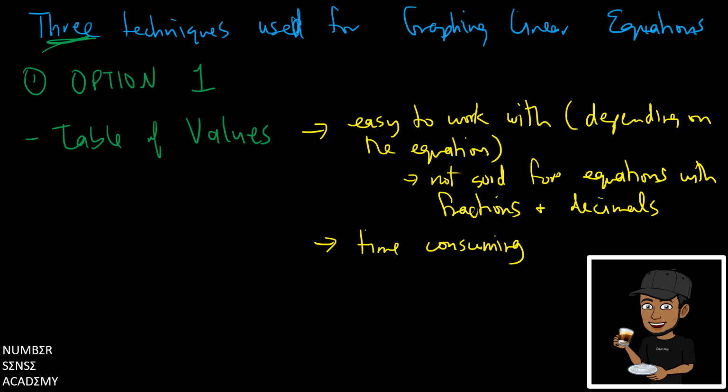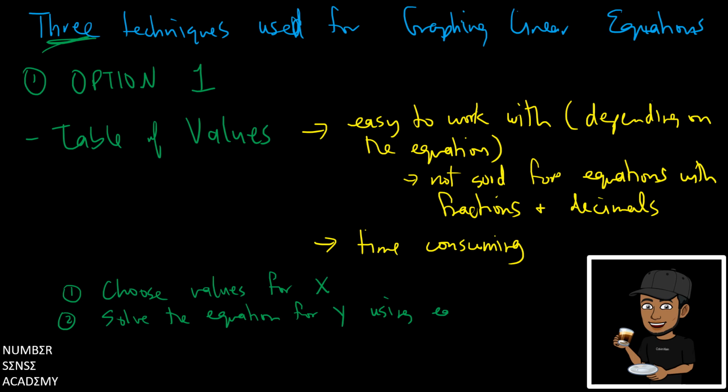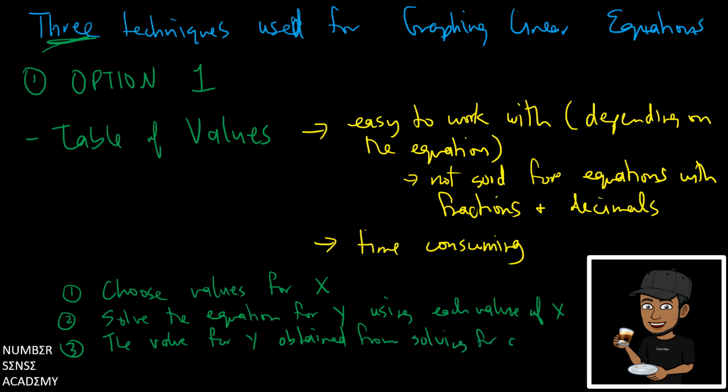All right, the way a table of values works is you first choose values for x, solve the equation for y using each value of x, and the corresponding value of y for each x, those two become a coordinate.